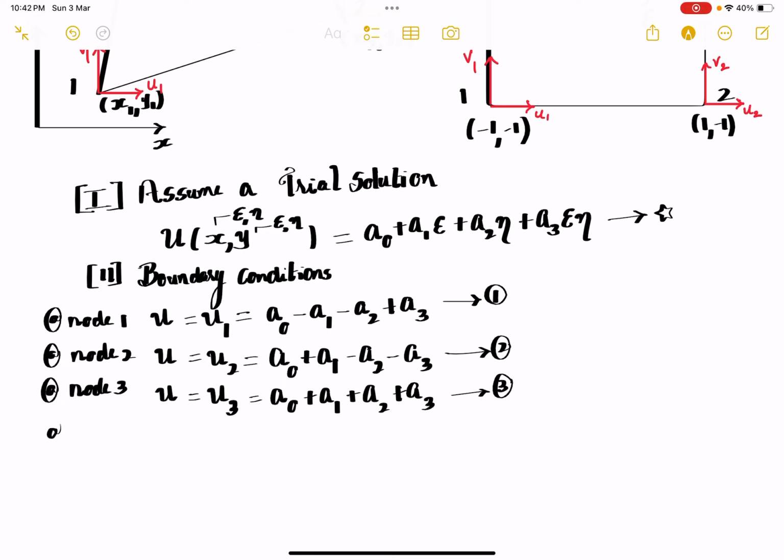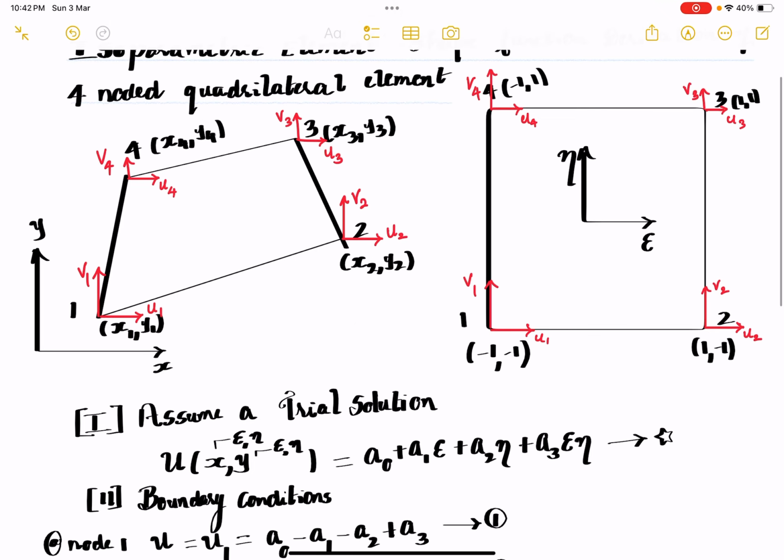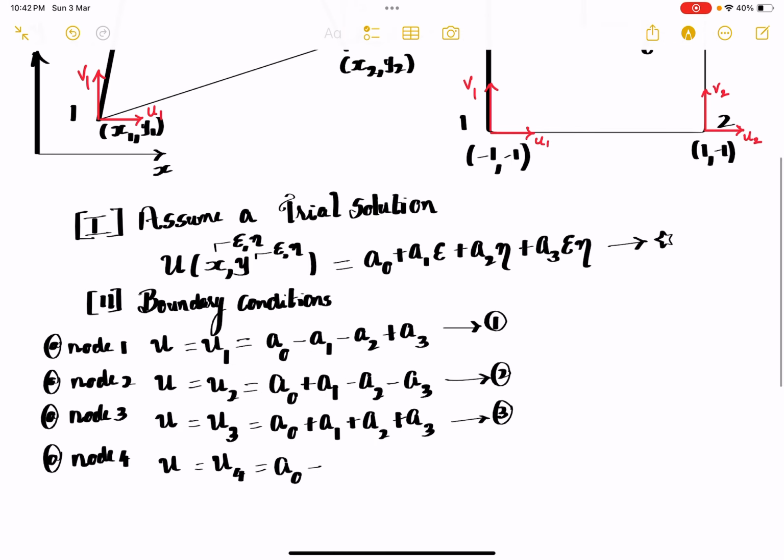At nodal point number 4, the value of u is u4 and it is a0. Let me look at the coordinate. It is a0 and epsilon is -1 and eta is 1. So it is minus a1, minus a2, minus a3.